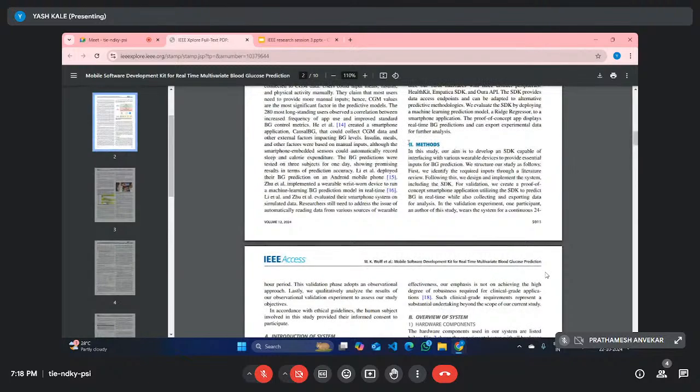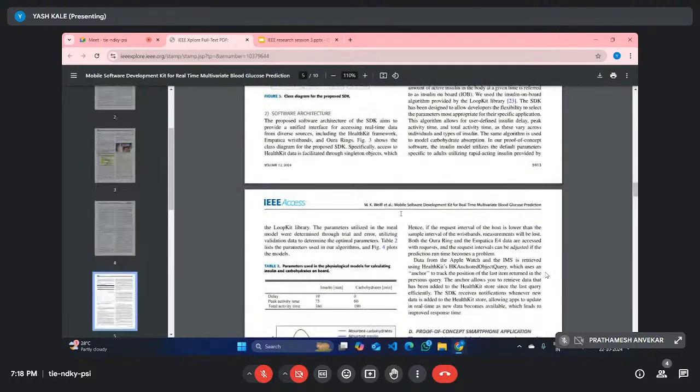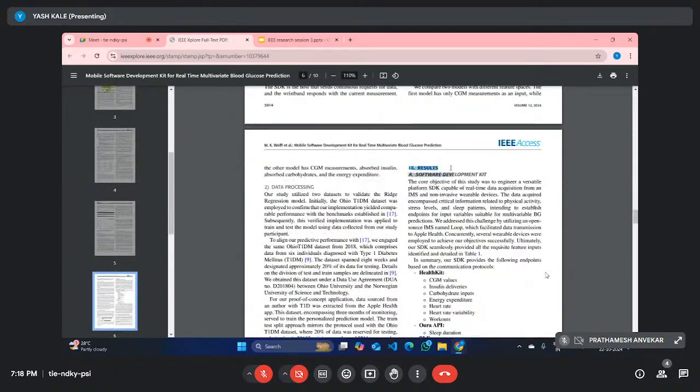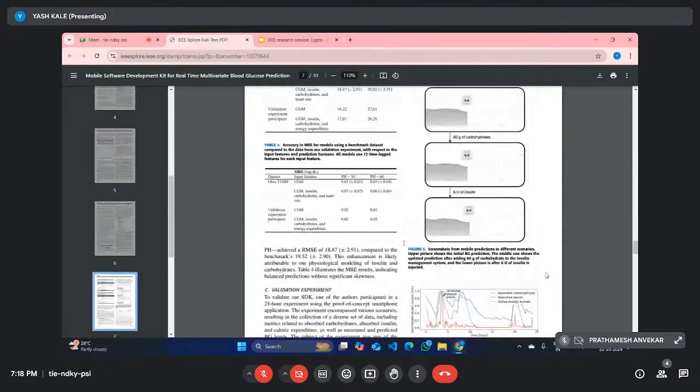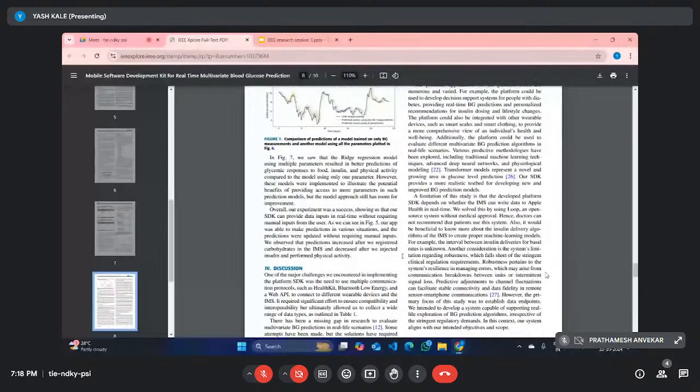We also looked at how we mention the methodology, and then the results and discussions. As I mentioned earlier, every conference has a different format.